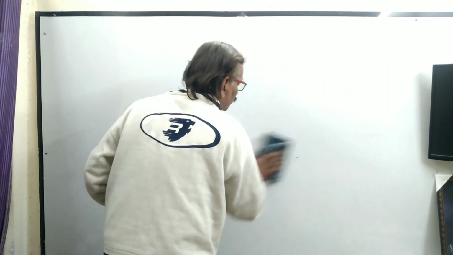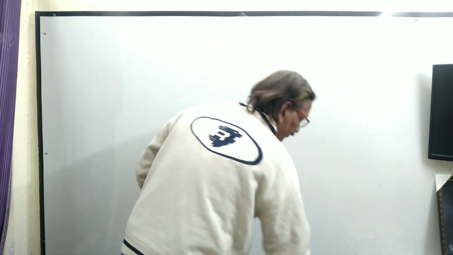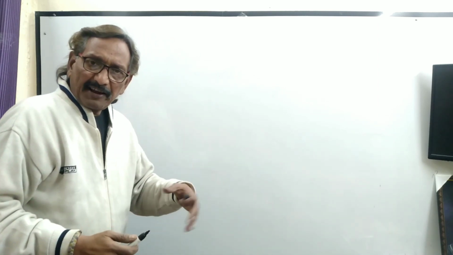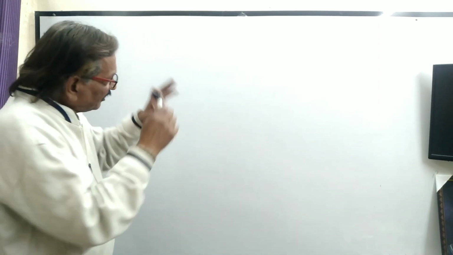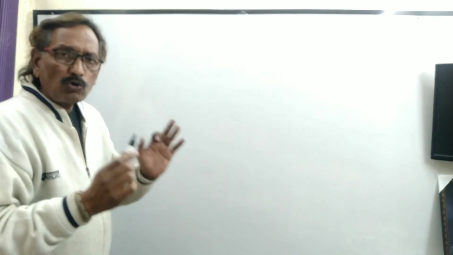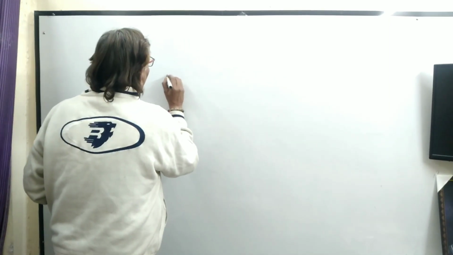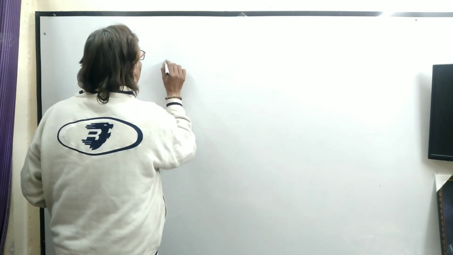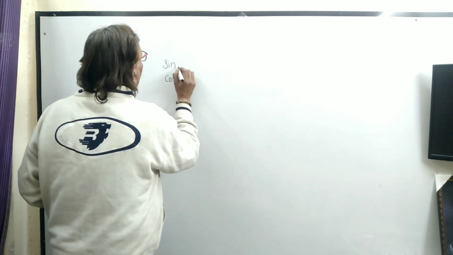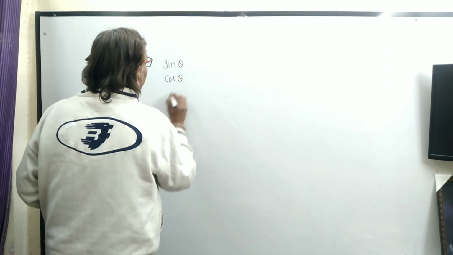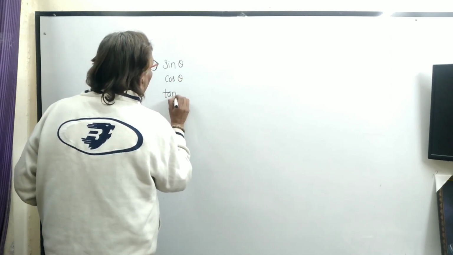For students who do not mug up, it could be very easily written on the paper how to remember the values. I have sin theta, cos theta and tan theta.